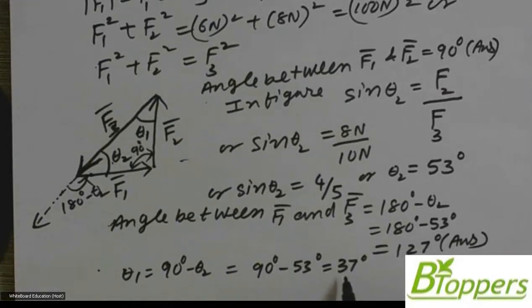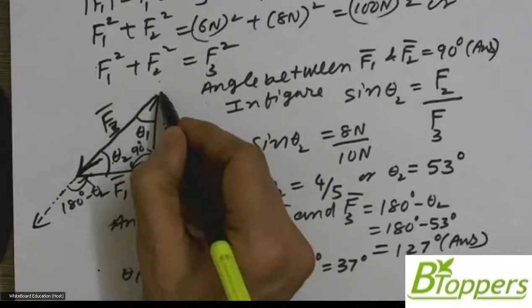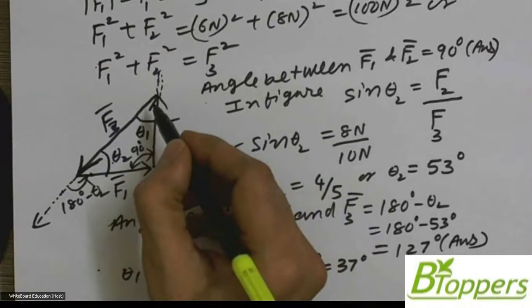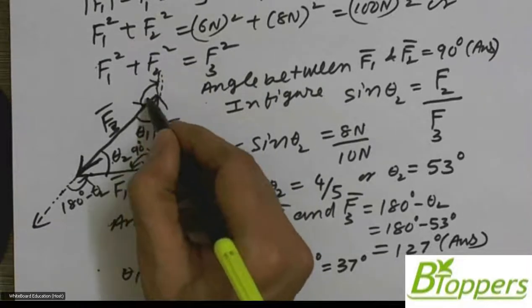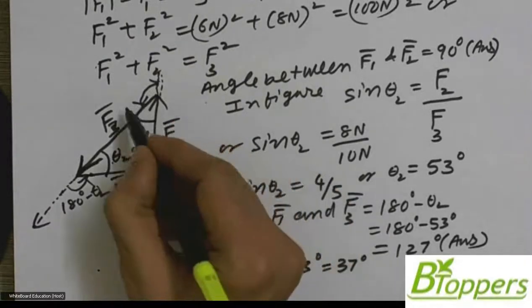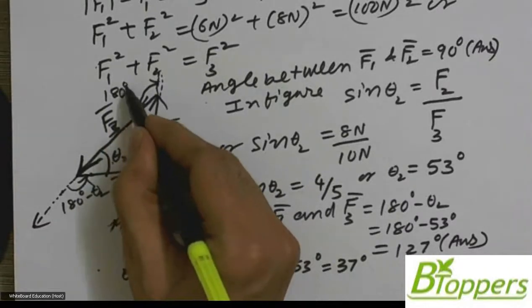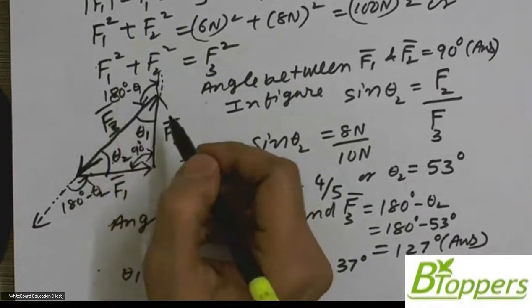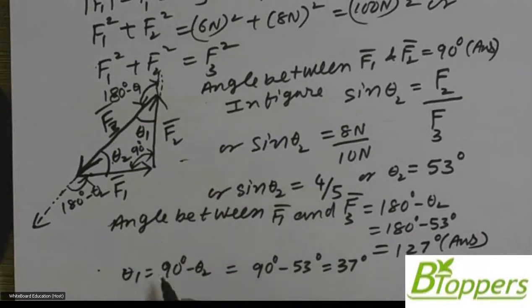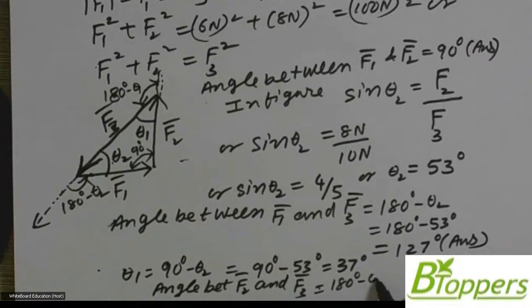But similarly, the angle between F2 bar and F3 bar, that means if you produce the direction of F2 bar, this should be taken as the angle between F2 bar and F3 bar, which is equal to 180 degrees minus theta 1. This means angle between F2 bar and F3 bar equal to 180 degrees minus theta 1.